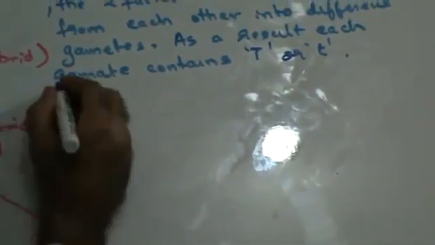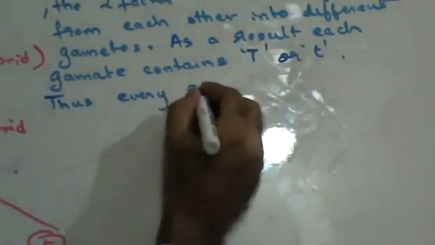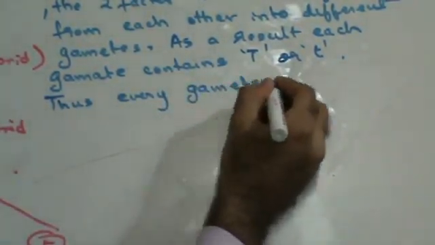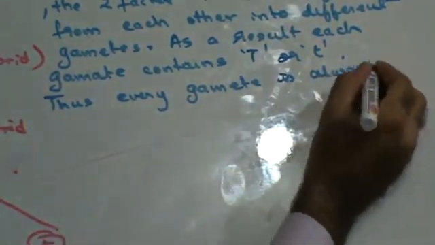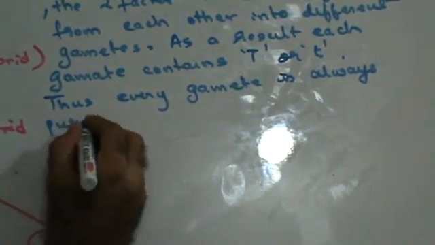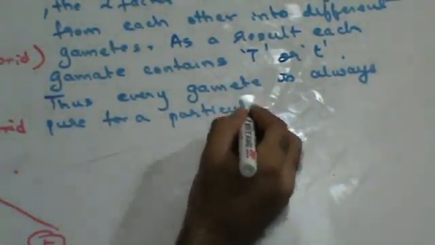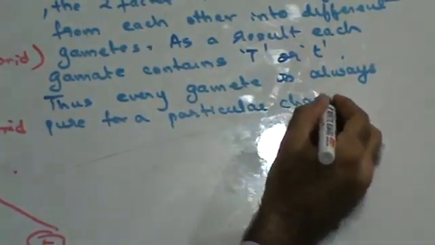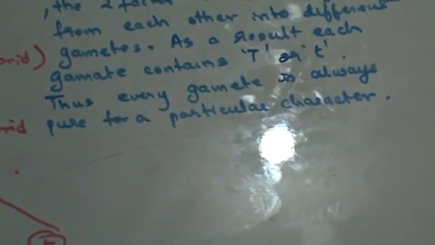Thus, every gamete is always pure for a particular character. Right? Now, that was the reason why we call this the law of purity also.